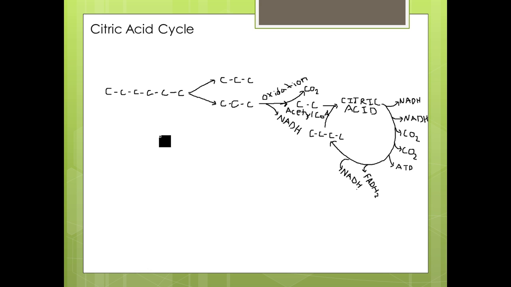Now the citric acid cycle takes one pyruvate group, and it uses it in the citric acid cycle, but it can't do that without the transition step, which is right in between these lines.